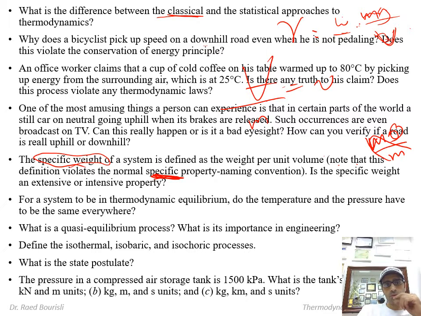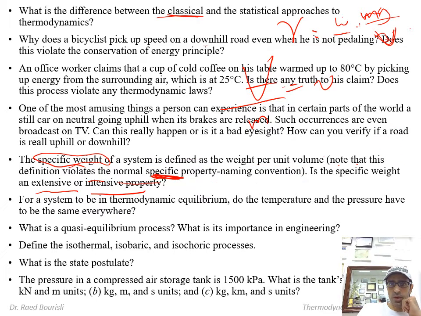So with specific weight we bend the definition, the naming convention that we agreed on, specific something, specific whatever. So this somewhat violates it. Yes. Is the specific weight an extensive or intensive property?